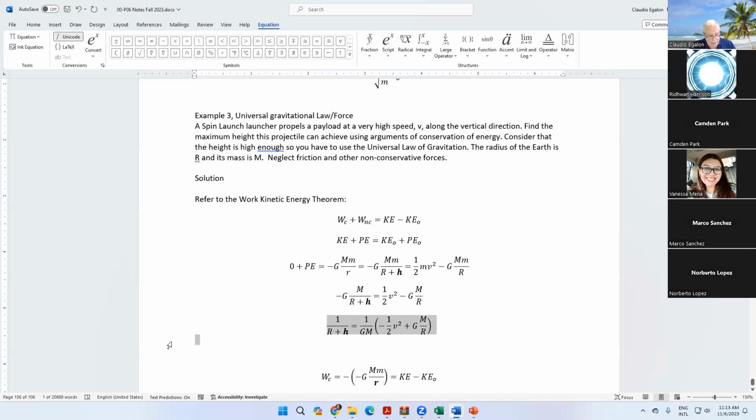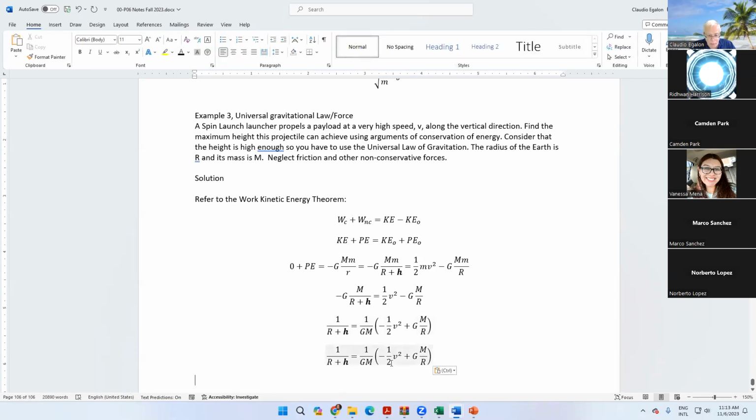And then we have to put this term here under the same denominator. If we do that, we have to put this one also under the same denominator. 2R is going to go outside.